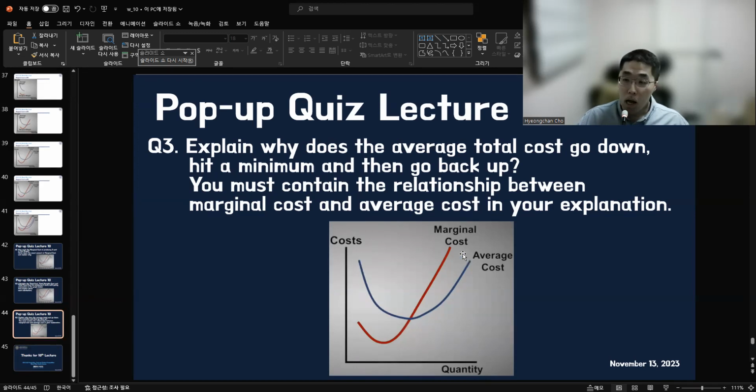And as you learned, I already explained the reason why with the relationship between marginal cost and average cost in the former slide. So go back to the former slide and try to understand this concept and the reason why, and write down the answer to question number 3, right?